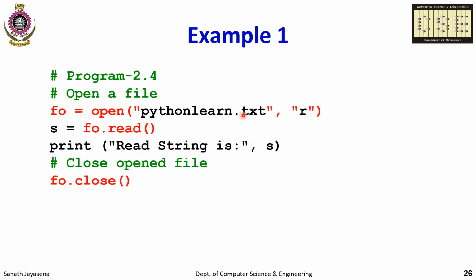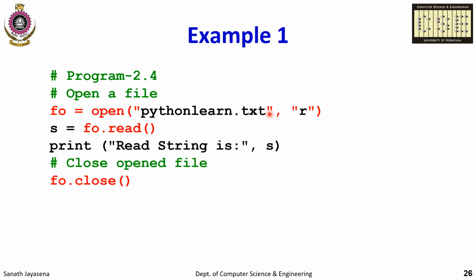Now, in the previous example, if there is no such file in the system, the assumption is that the program is being executed from within a particular directory. This particular file name will be searched within the current directory. And if no such file is found, then there will be an exception, that means an error situation, right?